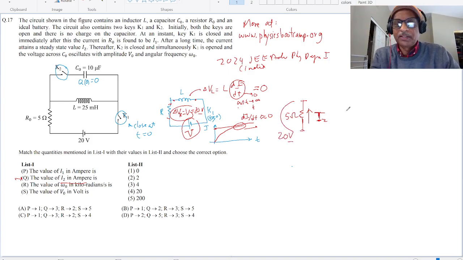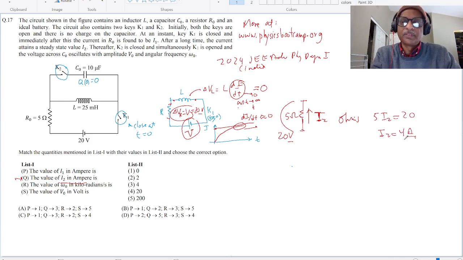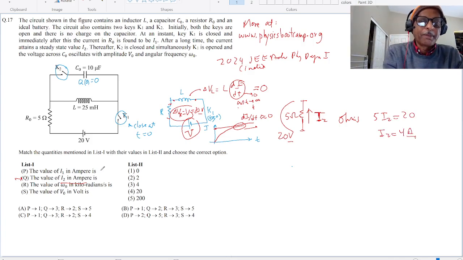This is just V equals IR, Ohm's law. So 5 I2 equals 20, so I2 equals 4 amp. So the answer to Q was 4.